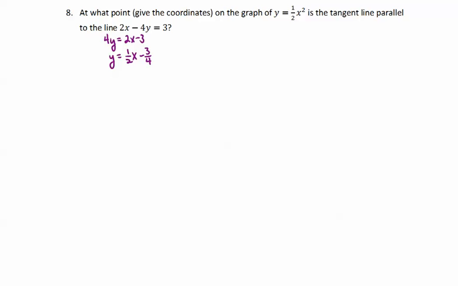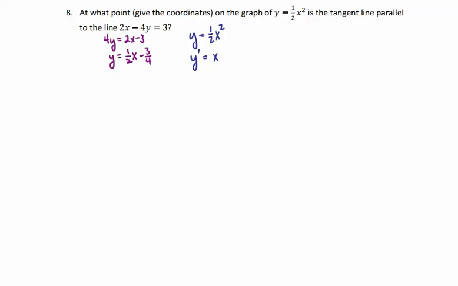So what we're going to do is take the derivative of the y function, and that just gives us x. 2 over 2, x to the first is just x. So if you want to find the derivative of 1/2 x squared anywhere, you just take the x coordinate of that, and that will be the slope of the tangent at that point.